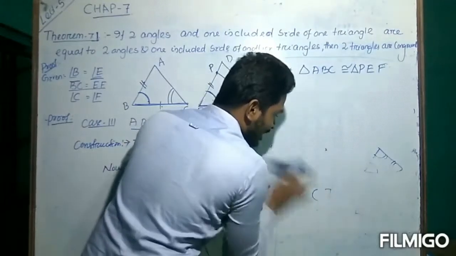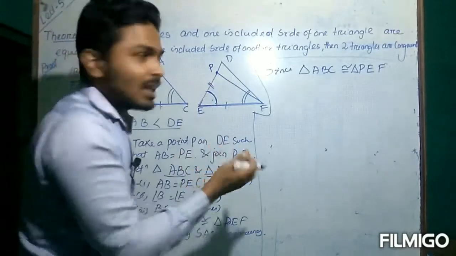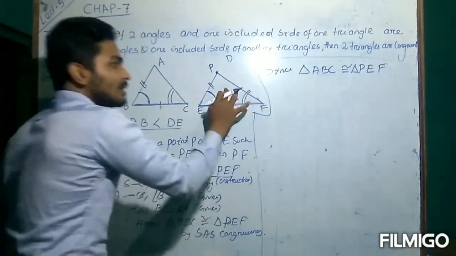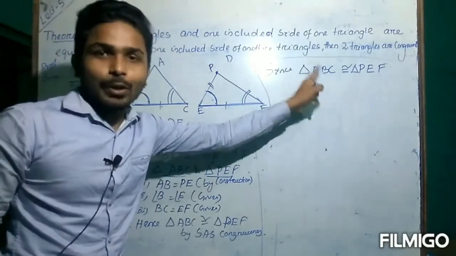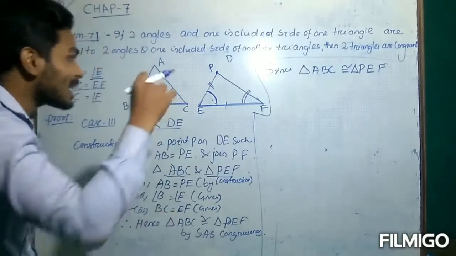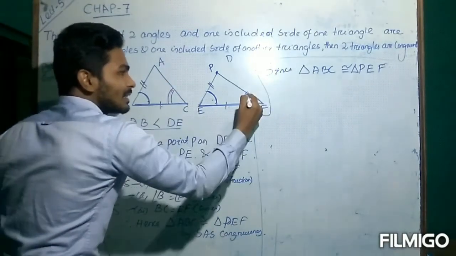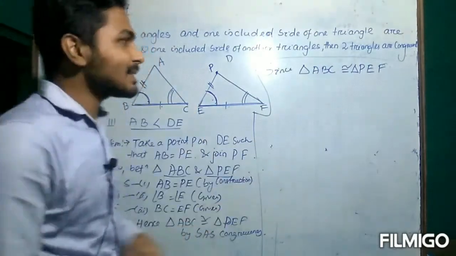So here we get that these two triangles are congruent. Forget about this line. You only consider this triangle and this triangle, and these two triangles are congruent. So according to axiom number 7.2, we can write that this angle is equal to this angle, because these are the corresponding angles of congruent triangles.